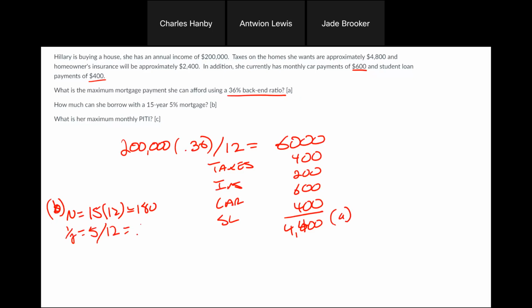That's 0.42, and it goes on beyond that, so you need to do the calculation and press IY. Then payment is 4,400, entered as a negative. Future value is 0. Compute PV, and that's $556,403.07.